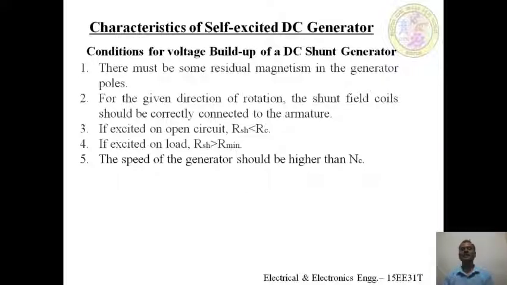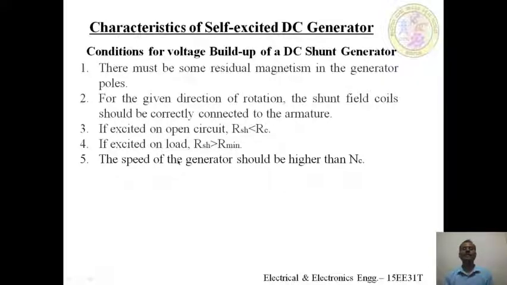For that reason, the field coils must be connected properly. If these two fluxes get cancelled, then the generator does not build up its voltage. That is the reason the field flux produced must aid the residual flux to build up the voltage. The third important point is, if the generator is excited on open circuit, then its shunt field resistance must be less than the critical field resistance that we have studied already.